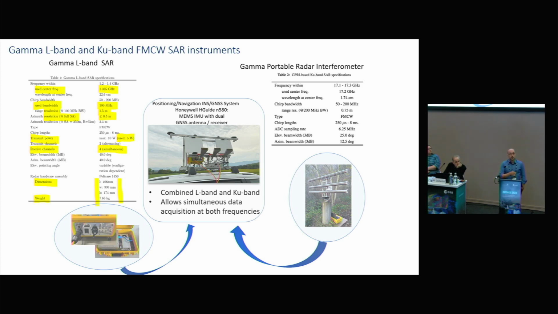But technically, you could also do 200 megahertz bandwidth to get a range resolution close to 1 meter with some windowing included. Then, of course, the azimuth resolution depends on your antenna size technically, but in our case, often we don't drive a full synthetic aperture, so it still depends on the range distance if we go further away, depending on our configuration. So this is also still a bit variable depending on our setup.